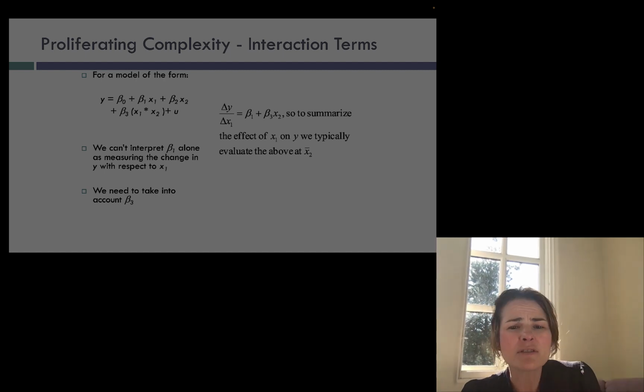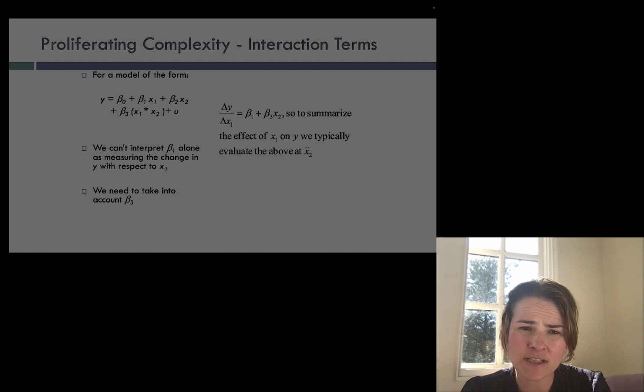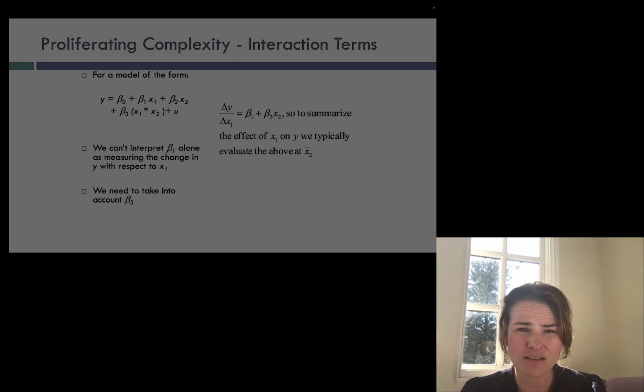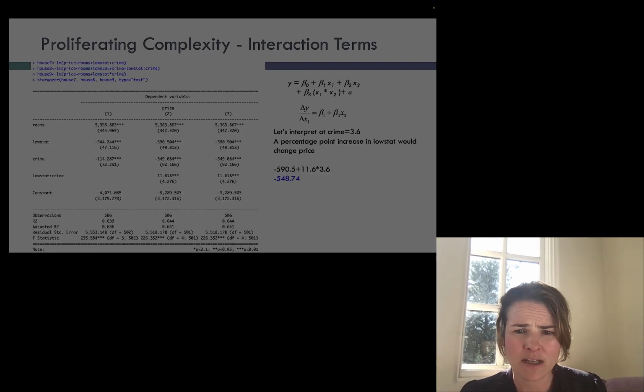Probably more useful on a day-to-day level than higher order polynomials is combinations of variables. So in addition to the variables individually, we can multiply them by each other. So we might have some sort of interaction terms. Here an example is that we think that low status and crime together might have a different impact than low status and crime separately.